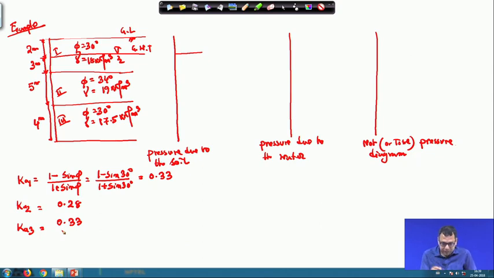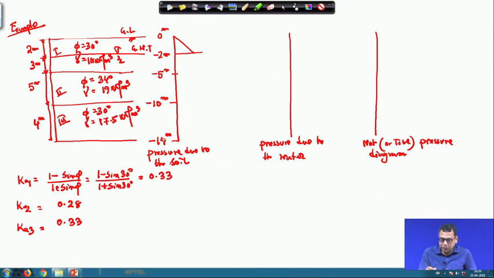So, now first we will do the first layer up to the water table. So, this is the earth pressure up to 2 meter. This is 0 meter, minus 2 meter, this is minus 5 meter, this is minus 10 meter and this is minus 40 meter.